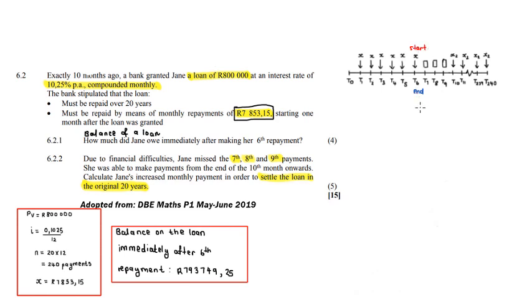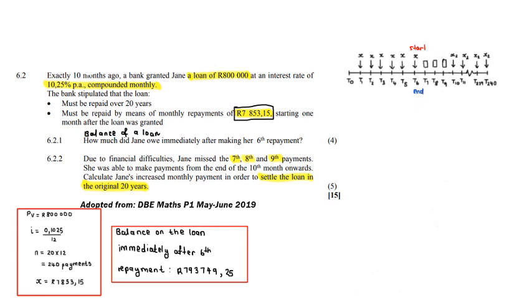So if this is the end of the 6th month, this line is also the start of the 7th month. I point this out because when the month starts, they charge interest for that month as well.